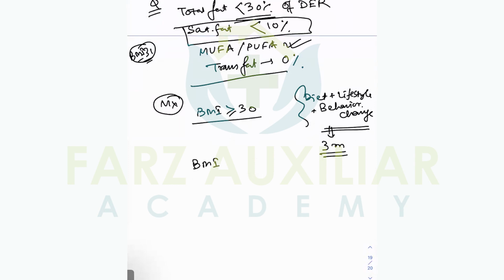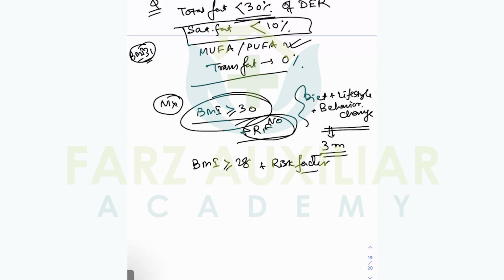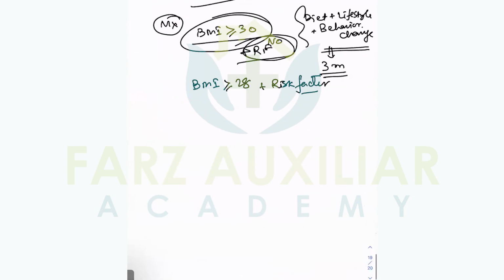The second category is BMI more than 28 plus any risk factor or comorbidity present. So BMI 30 with no risk factor, this is the approach. BMI 28 with a risk factor, then again, initial treatment will be 3 months of lifestyle modification plus risk factor modification.